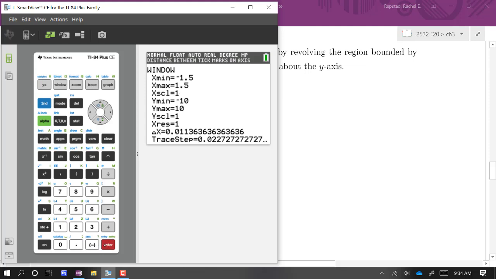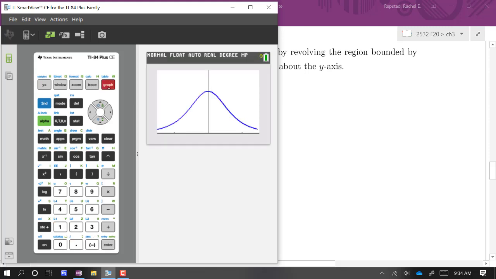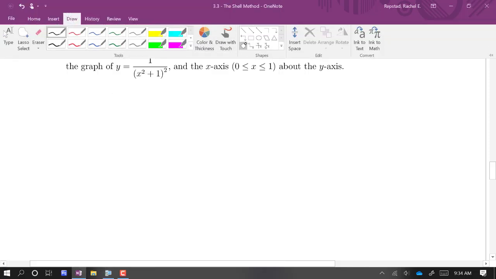And I know the function is only positive because the numerator and denominator have to be positive. So I'll go from 0 to, let's say, 1.5. Let's see what it looks like now. All right. So the graph looks kind of like this.